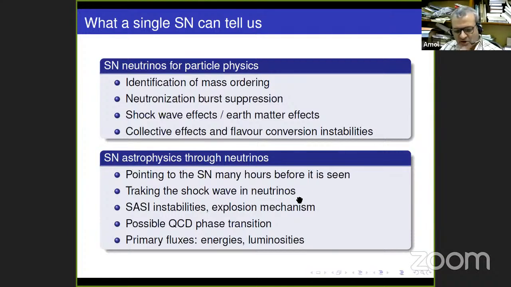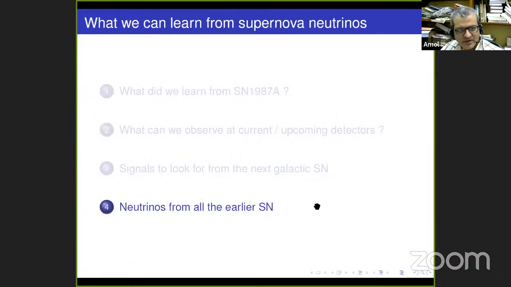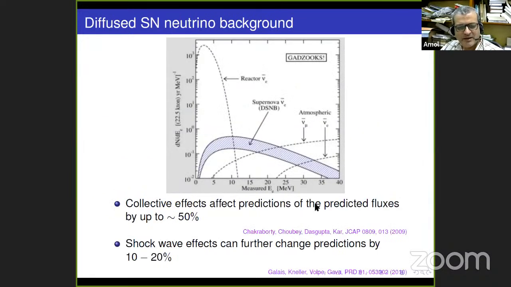Because of all of them, around the Earth there are a lot of so-called supernova relic neutrinos. One of the aims of supernova neutrino detectors is to have a look at them. These neutrinos have energies between 0 and 40 MeV or so.